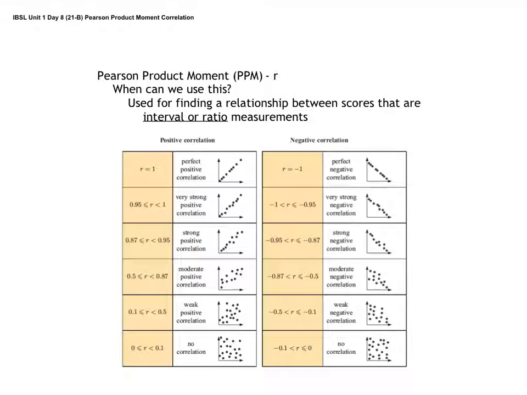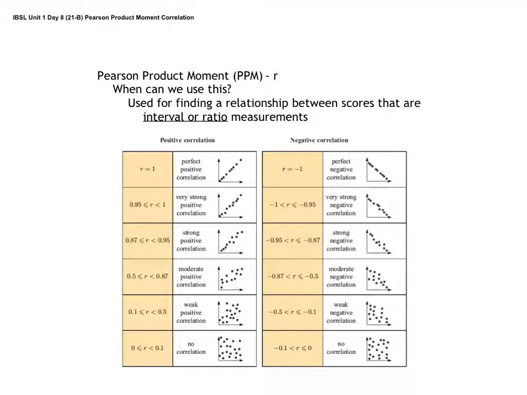So finally, we've been talking about the concept of correlation, but I want to start putting some numbers to it and look at how to actually calculate it and also how to determine significance, okay? Here are some general descriptors that we've been using, like strong positive or moderate and those kinds of things.